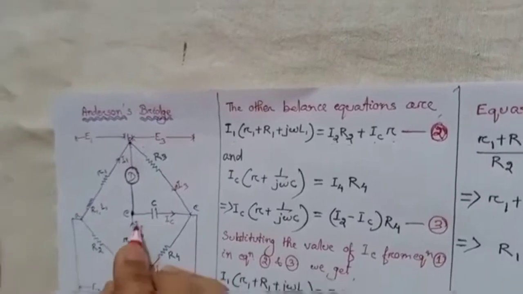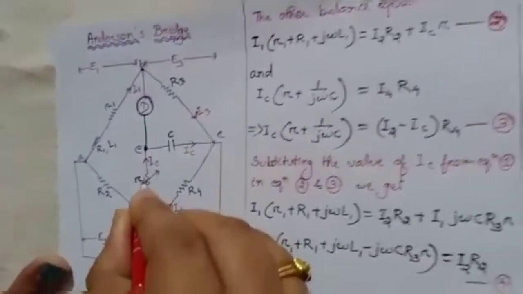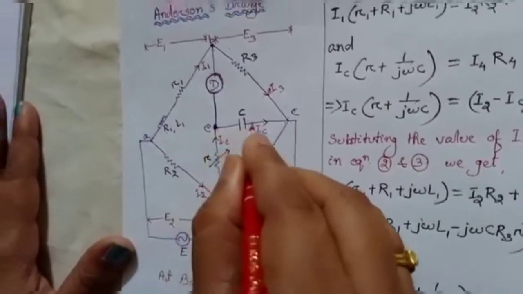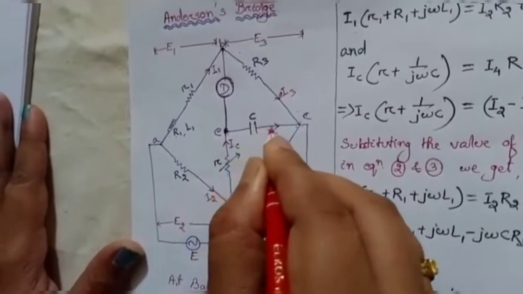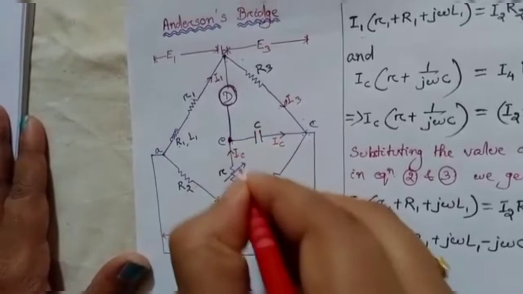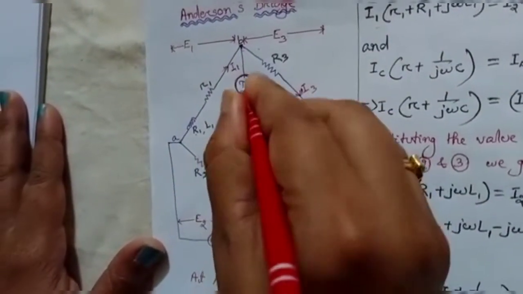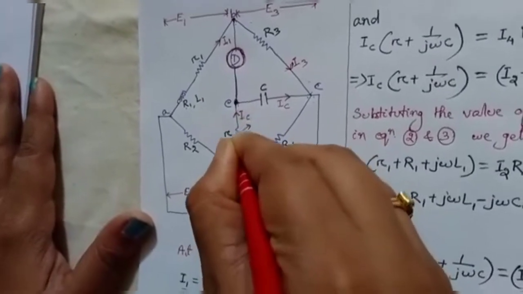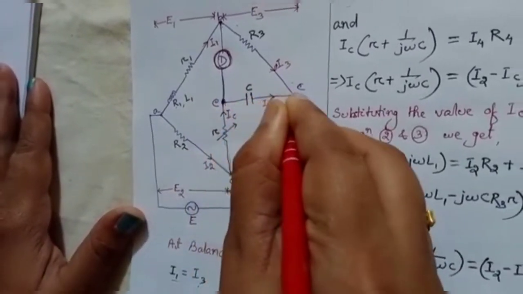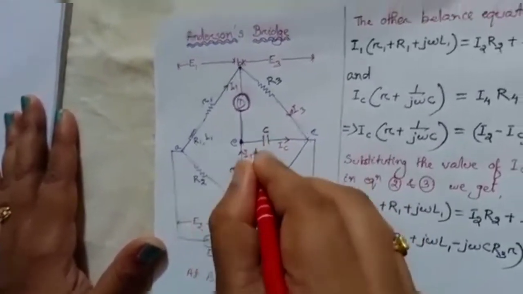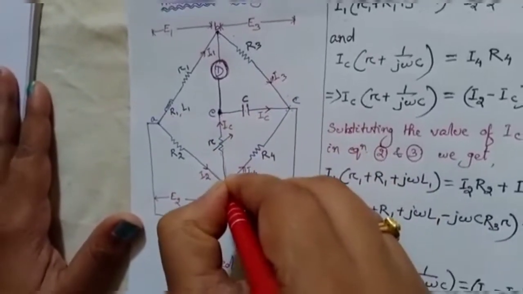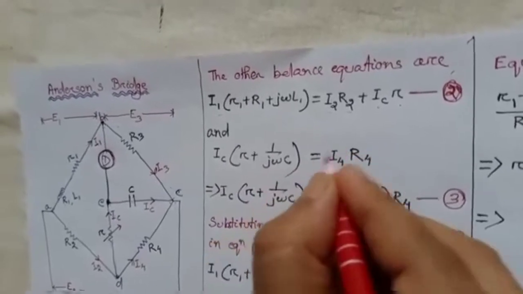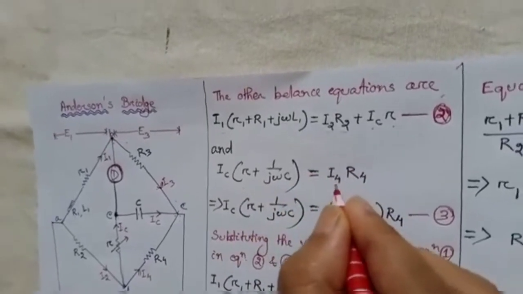Then IC into r plus IC into 1 by j omega C, because if no current is flowing through the detector, this IC current will flow through this small r and this C, both in series. So IC into (r plus 1 by j omega C) must be equal to I4 into R4.